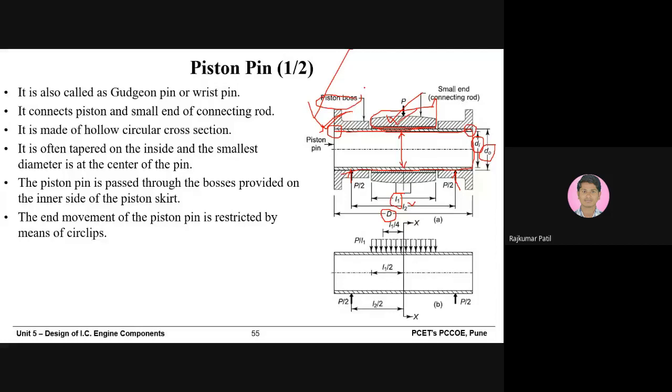The end movement, so there is a chance that the piston pin may move axially and it may come out from two open ends, so that movement must be restricted, and that's why the circlips are used at both the ends. So here you will see one circlip, and at other end another circlip is generally provided.